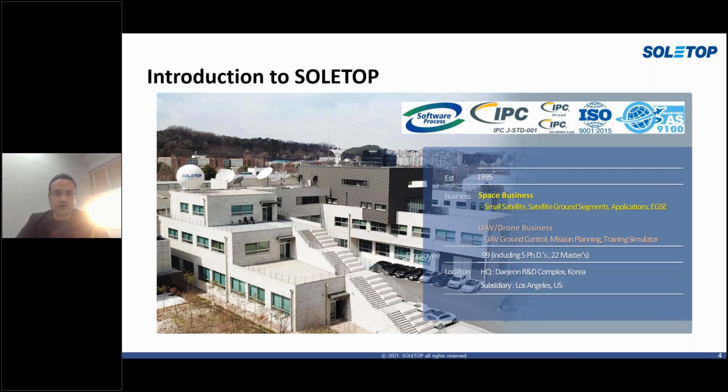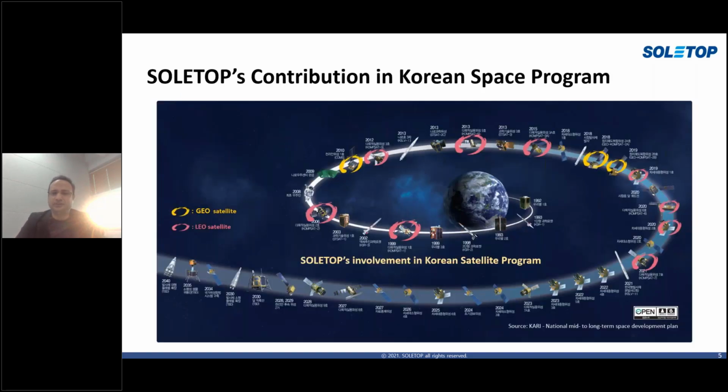And I'll take you through what we are doing specifically with small satellites in recent times. So this is a brief journey, I would say, of Soletop since 1995.